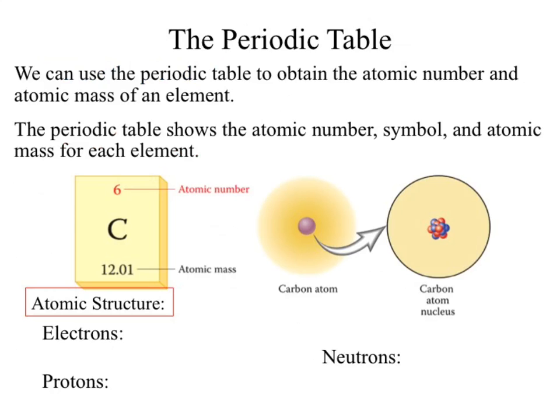Let's take a look at our atomic structure. I want to get into this definition a little bit. Electrons, we haven't quite developed what they are or what they mean as far as our structure goes, so we'll skip the electrons for the moment. What can you tell me about the protons? What can you tell me if I have 2 protons?